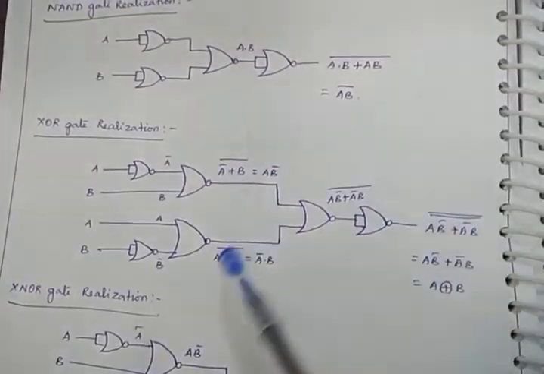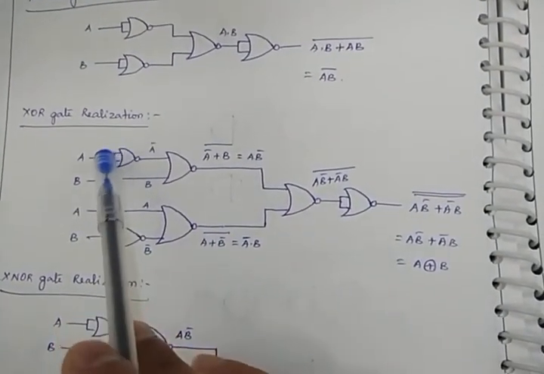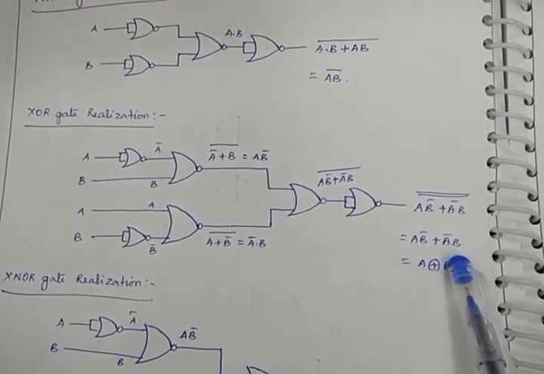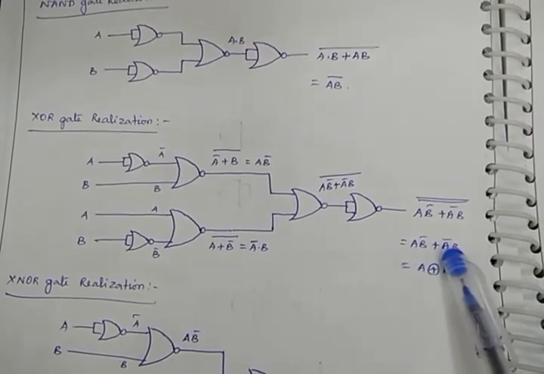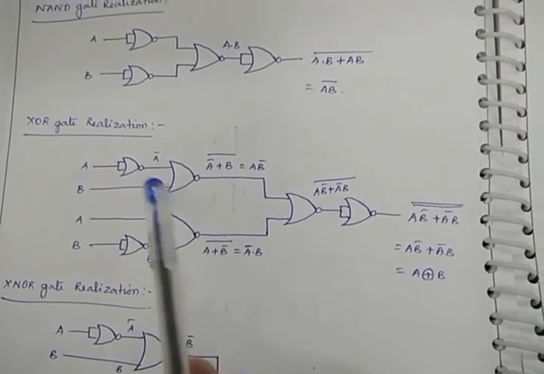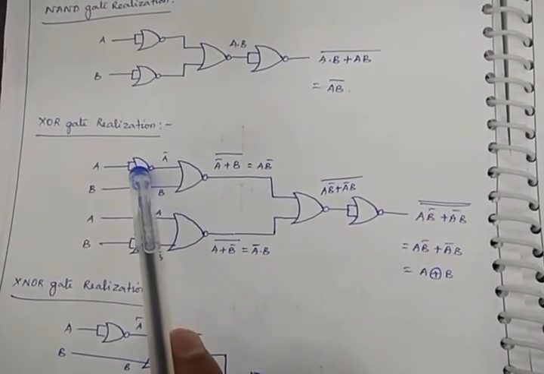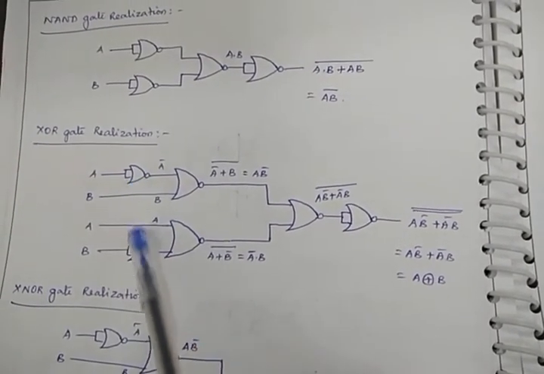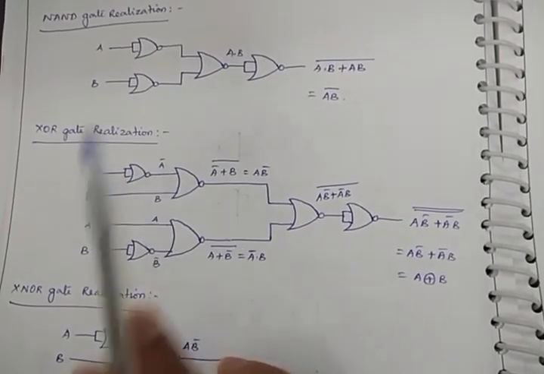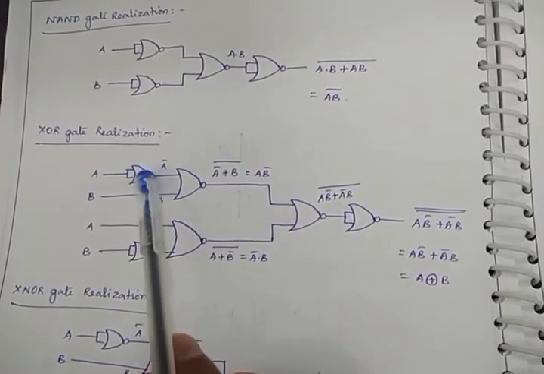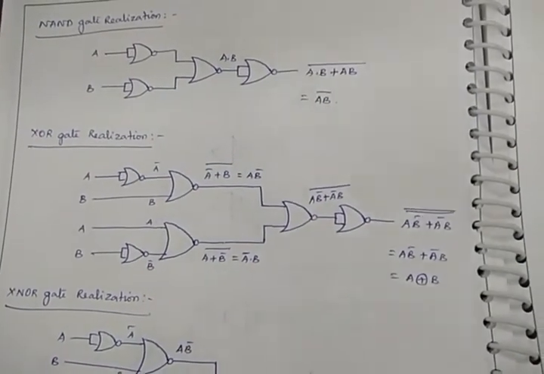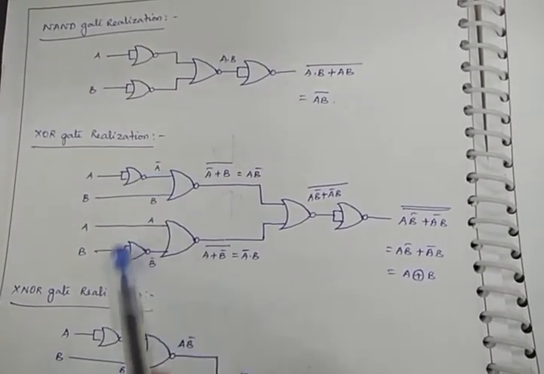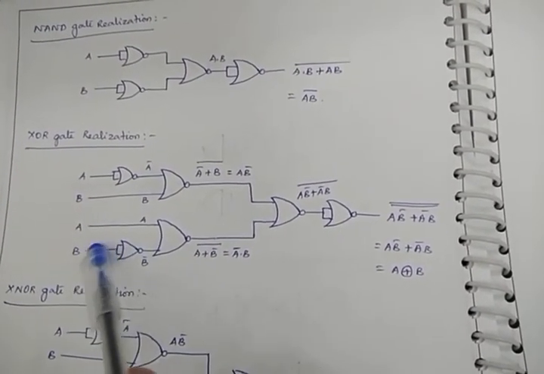So we'll see XOR gate realization. See, the XOR gate output is, we know, A B bar plus A bar B, right? As I told you previously also, we used a NAND gate individually for A and B. Like that only, here also we are using a NOR gate individually for A and B. So here on A I am connecting one NOR gate, and here on B I am connecting one NOR gate.